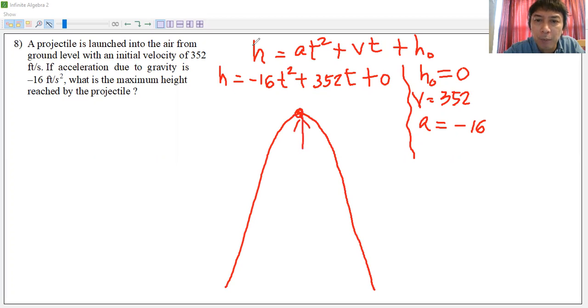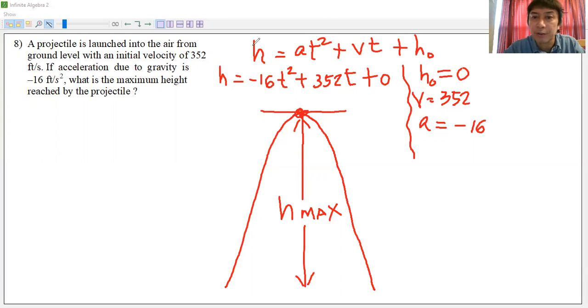So this is H max. If we reach the top, this is actually the vertex, the vertex of the parabola.